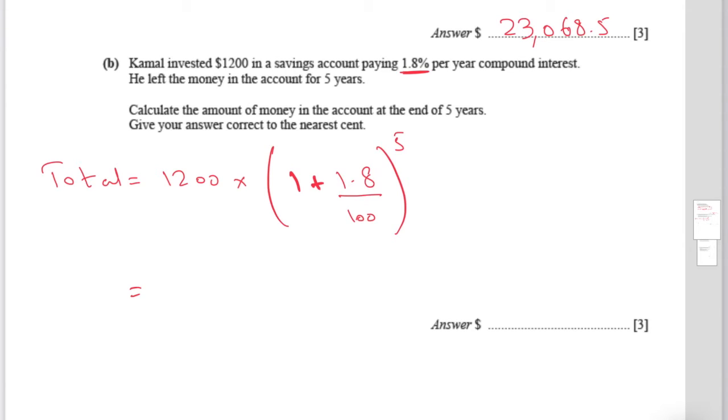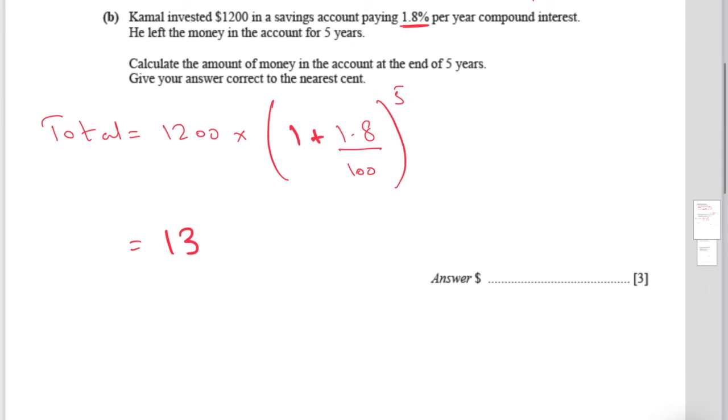One second, I made a mistake over there. 1.8 divided by 100 plus 1 compounded to 5 years times 1,200. So the answer that we have is $1,311.96. So we write the answer over here, 1,311.96.